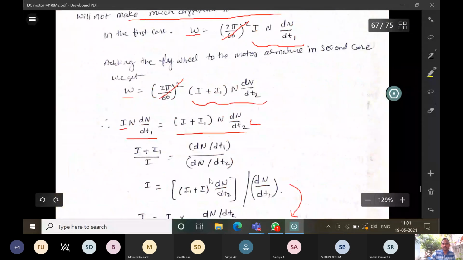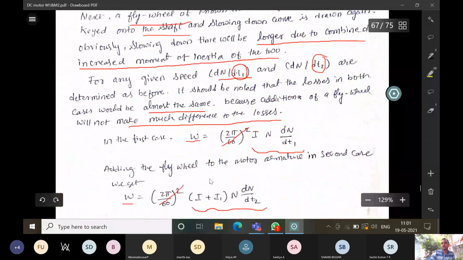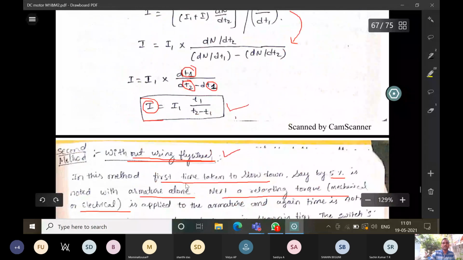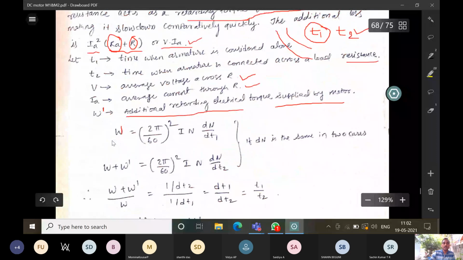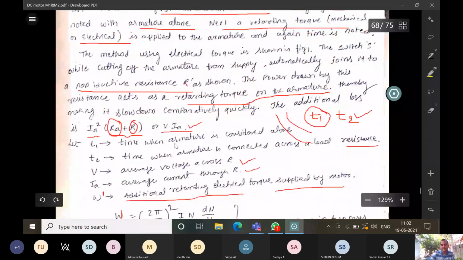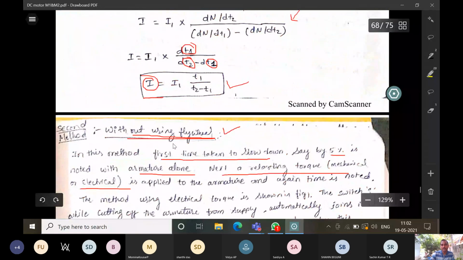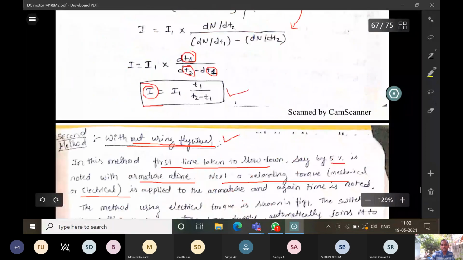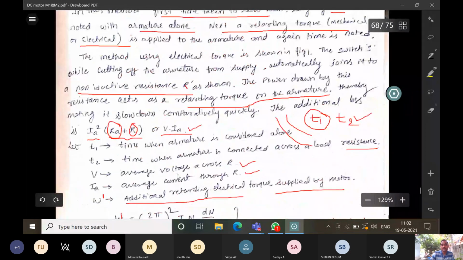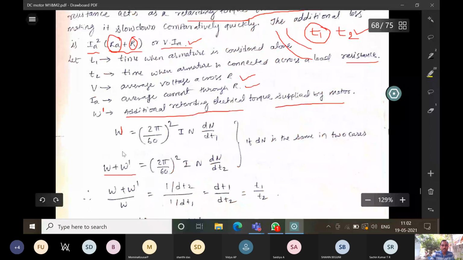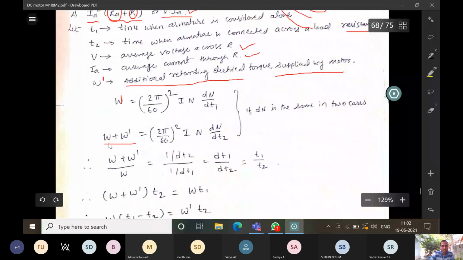That is the first expression we have while writing. Similarly, in the second expression, additional retarding torque is added. In the previous case, additional moment of inertia was added, I plus I1, but in this case, while using R, the additional retarding torque is there, so we have written additional losses, W plus W dash.